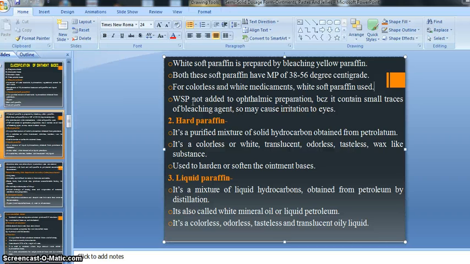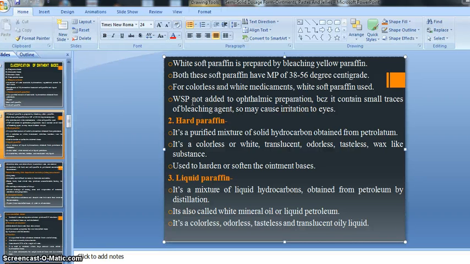So when and where is white soft paraffin used? If our medicament, whatever medicament we select for the preparation of ointment, is colorless or white, physically having a colorless or white color, then during that time there is a suggestion for selection of the white soft paraffin.